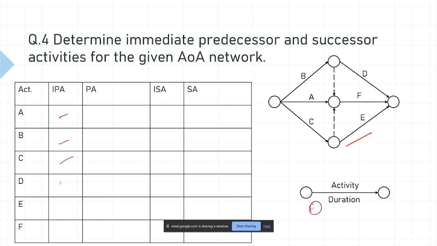For D, it is B. For E, it is C. And for F, it is A and B. Yeah, because from B there is a dummy coming to the event at the start of F, but still there is one more dummy coming from C. Oh, sorry, I forgot. ABC, correct, right?